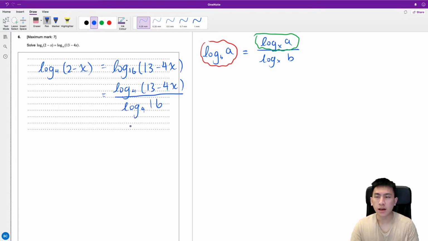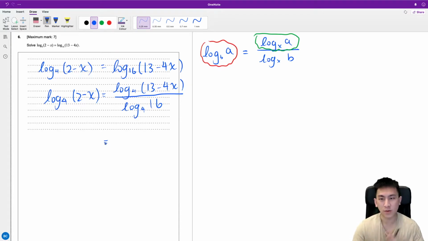So that's really it. If you don't understand, pause here and think about what's going on. I simply applied the formula there. The reason you always want to change from a bigger base to a smaller base is because this number would usually turn out to be an integer.